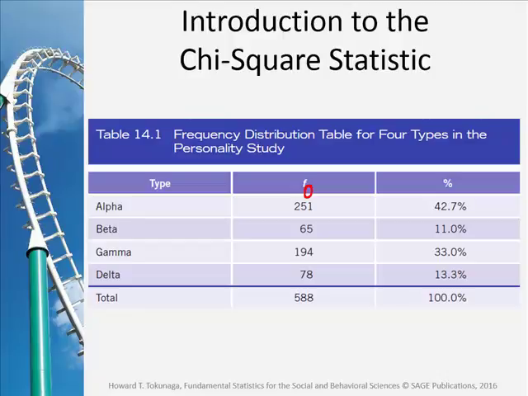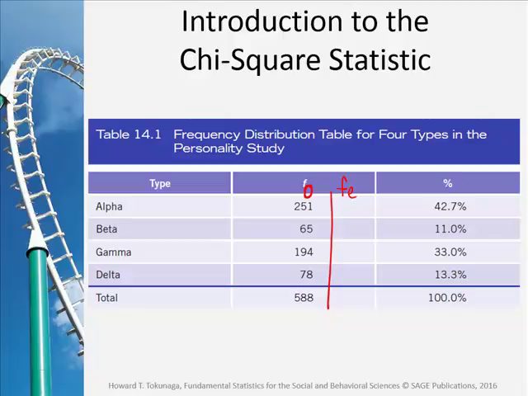Now, let's think about this for a second. I observe that there are more alphas and gammas than betas and deltas. But what do I expect? I expect that they're all the same. So how could I create a category of what I expect?